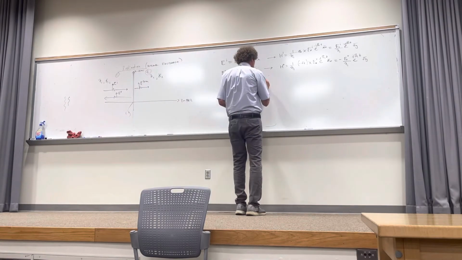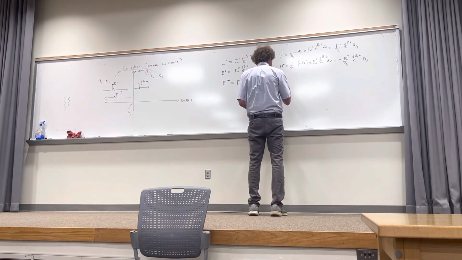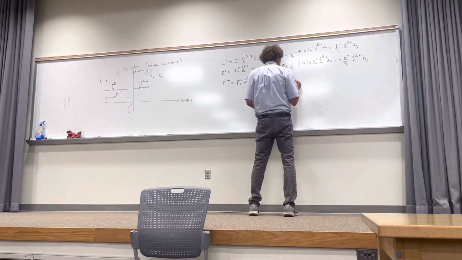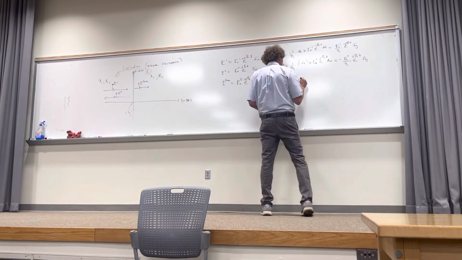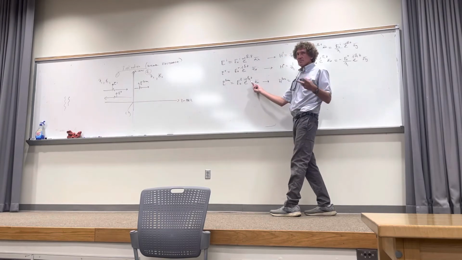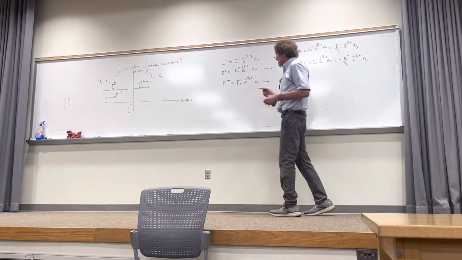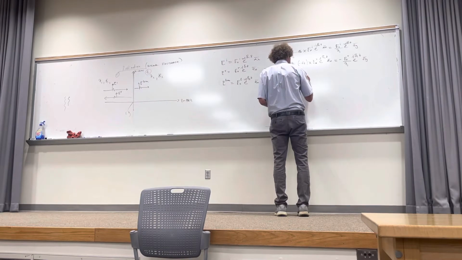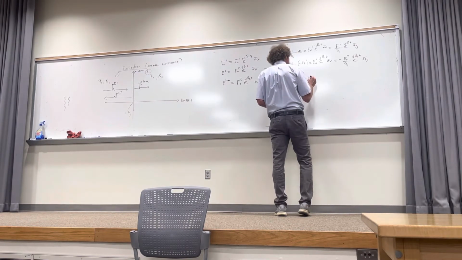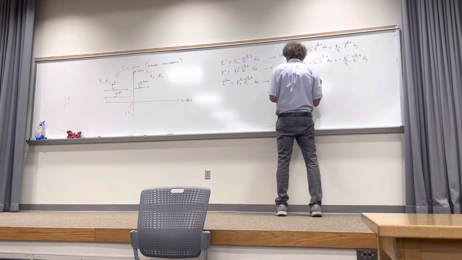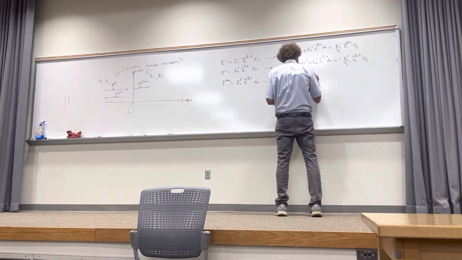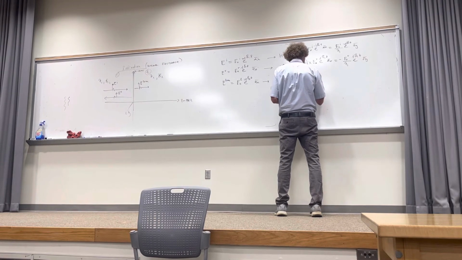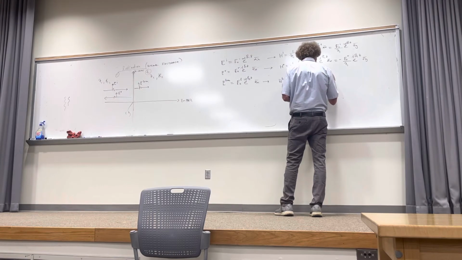Finally, for the transmitted H field, I get 1 over eta 2, now I'm in region 2. What's the direction of this one? Just to be consistent. Come on, it's not a trick question. It's positive AZ, isn't it, class? It's propagating. So it's going to be positive AZ crossed into the E field here, which is going to be E transmitted 0 times E to the minus J beta 2Z in the AX direction.